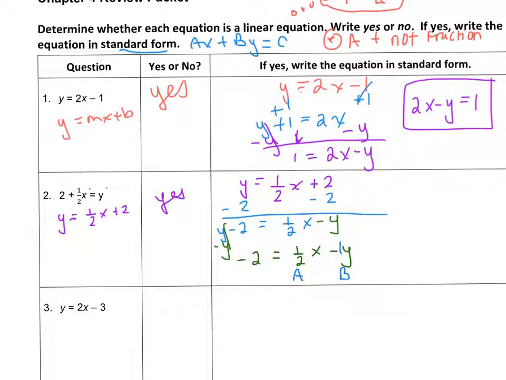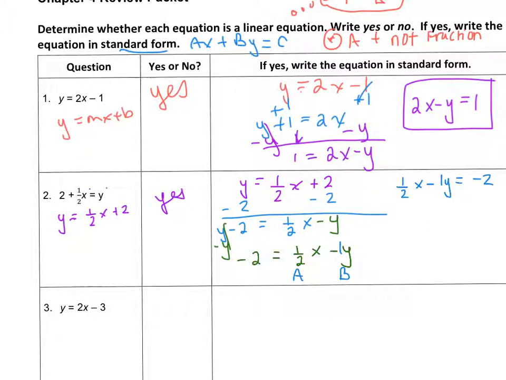So to get rid of that denominator of 2, you're going to multiply the entire equation. I'm going to rewrite it here again, in almost standard form. So I have ax plus, which is negative, by is equal to c. I just use the commutative property to move it around.